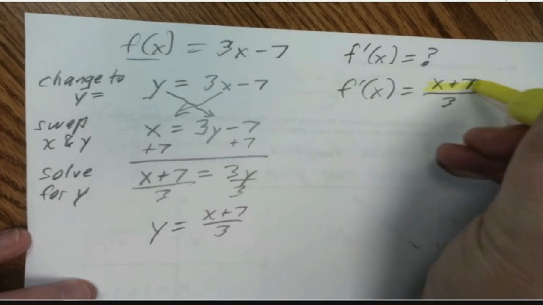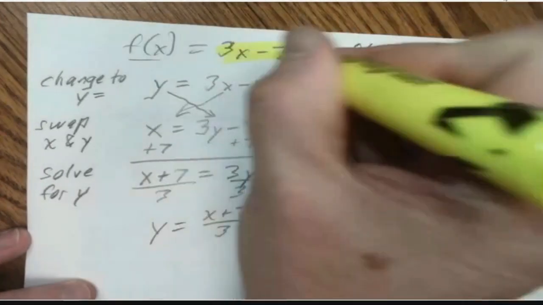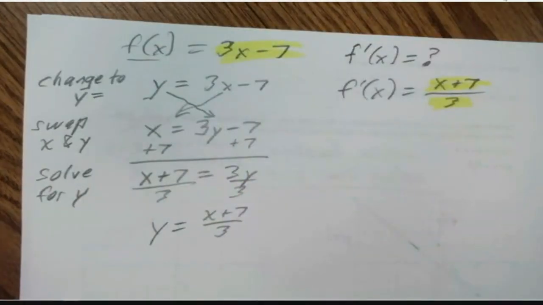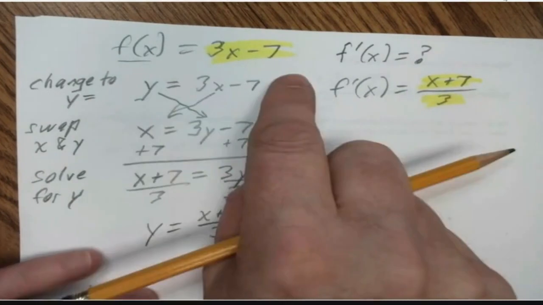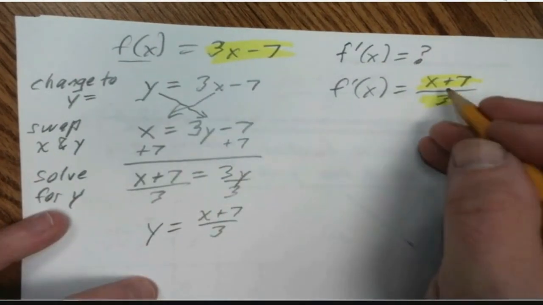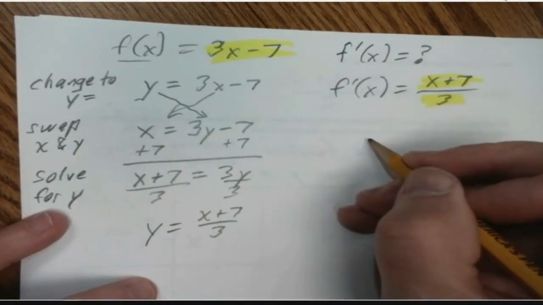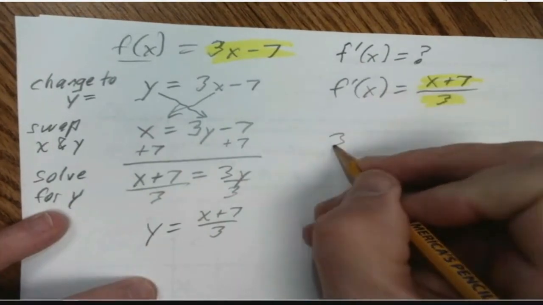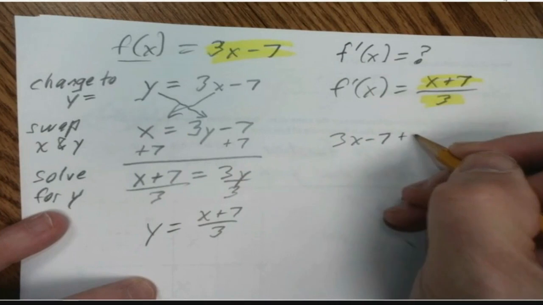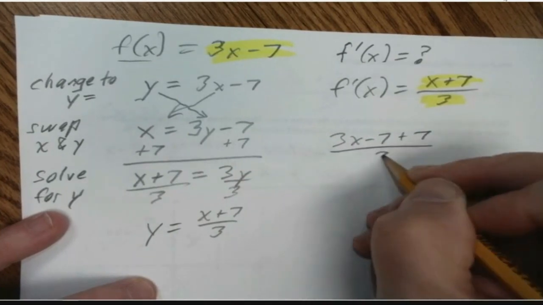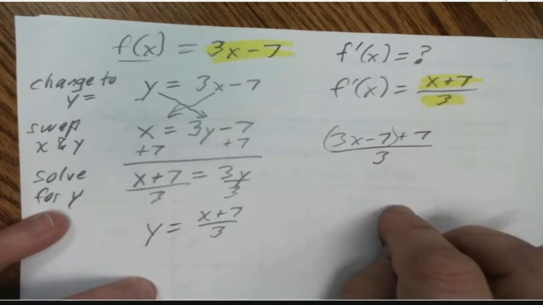These two functions are inverses of one another. How can we test that? Well, let's substitute one into the other one. Let's take x plus 7 divided by 3 and substitute 3x minus 7. 3x minus 7, put that in for x, plus 7 divided by 3. See, I substituted that in.